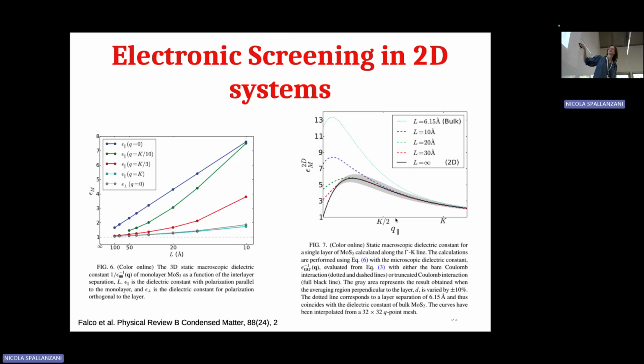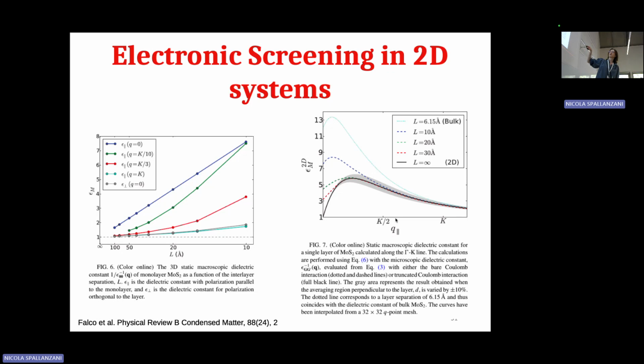They show that if the three-dimensional static microscopic dielectric constant is used, then you can imagine that we have a 2D system in the case where the spacing between the layers goes to infinity. This quantity goes to 1 for every Q point in the limit of large separation between the layers.